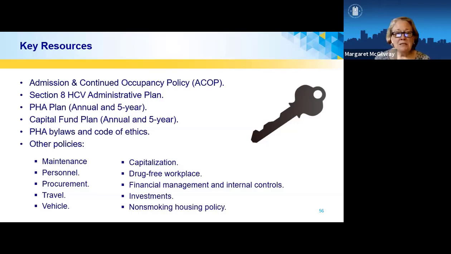Oftentimes the maintenance or the vehicle and travel and drug-free workplace items may be in your personnel policy, your capitalization and investments may be in your financial policy. So they may be incorporated elsewhere, but make sure that you've covered these bases. And let's go to the next slide.